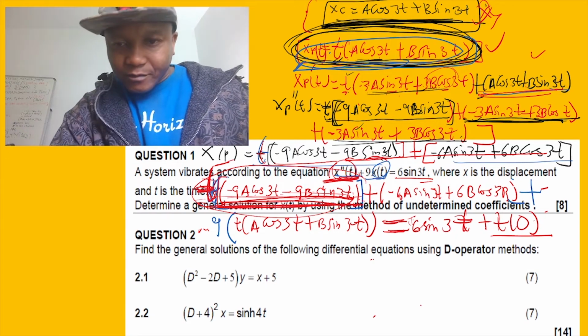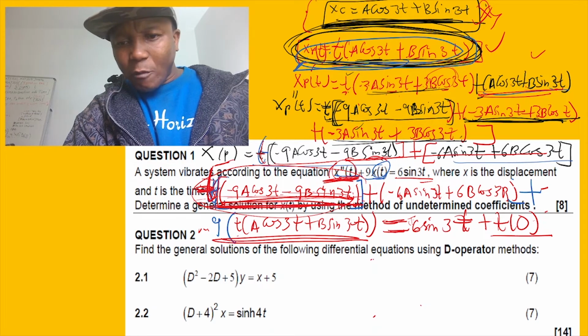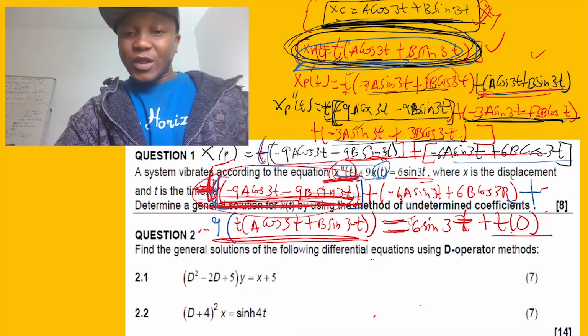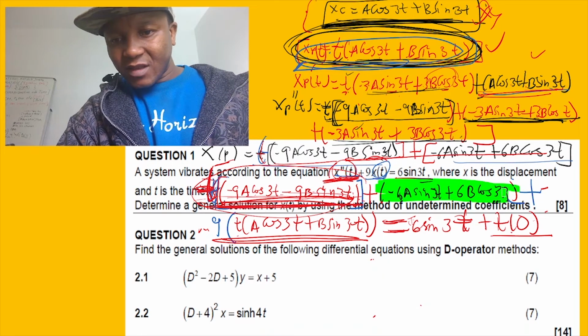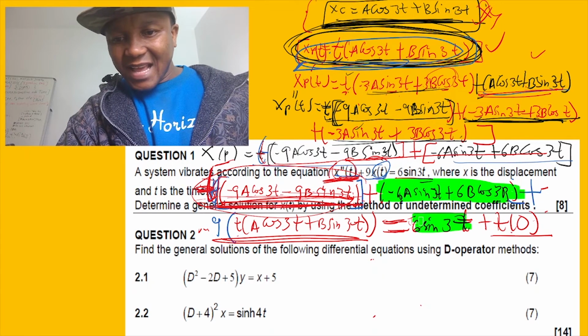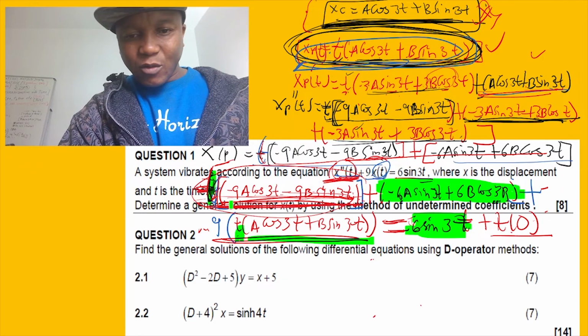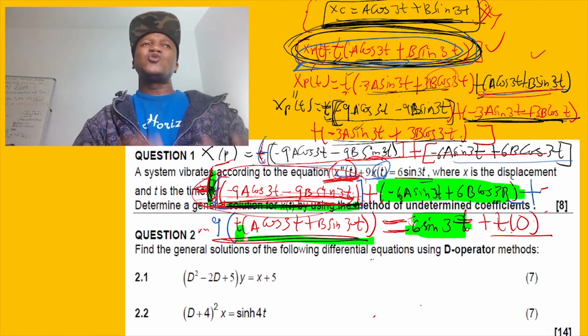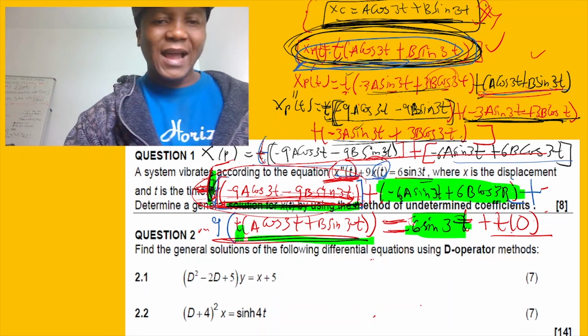So now, even this one has a t, so I'm not going to compare it with anything, it is going to be 0. The only thing I'm going to focus on for now is this one on the left hand side and this on the right hand side. Why? Because it does not have a t behind and it does not have a t behind. But this one, look, has a t with all the group, so I don't need those because there's nothing to compare with on the right hand side that looks alike.